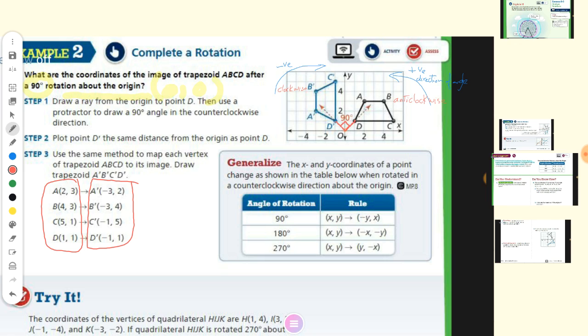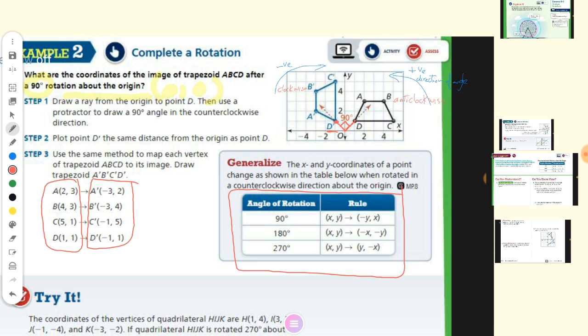Now the new point is at the same distance, okay? So it will be D dash, okay? But actually I have a rule. If I follow it, it will be very easy to calculate the image. What is this rule?